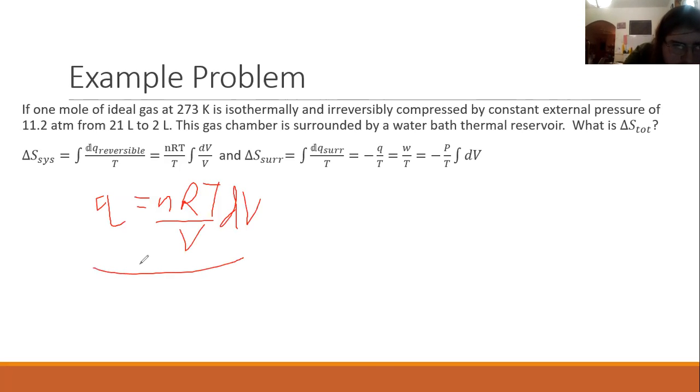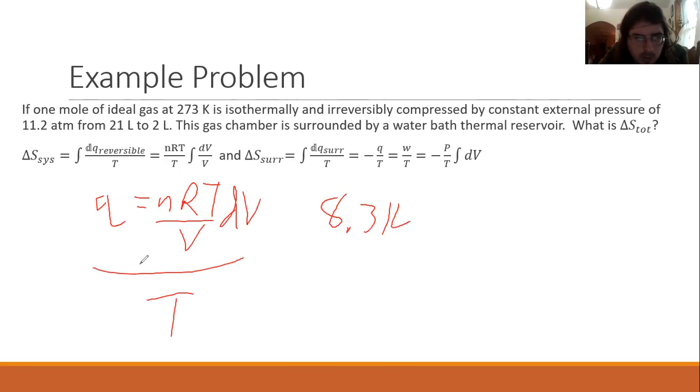Since all that's divided by T, T's cancel out. So the Q for the reversible system is just 1 mole R, 1.4 ln. We go from 2 liters to 21 liters.